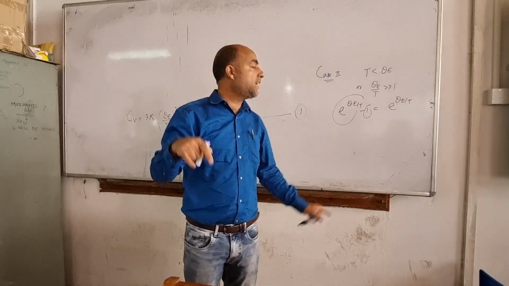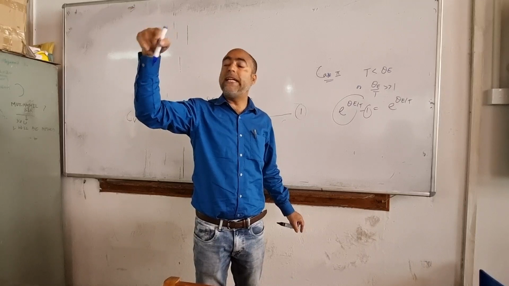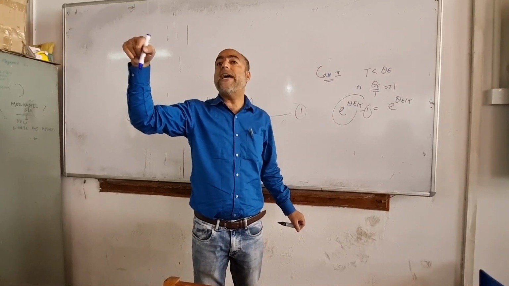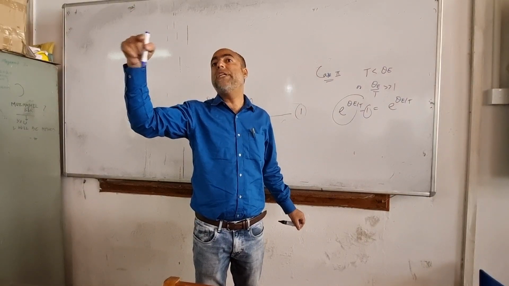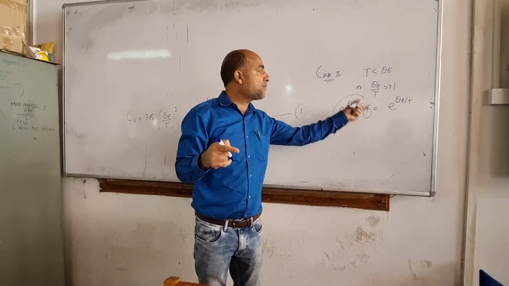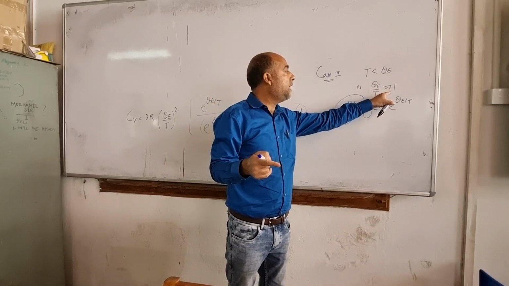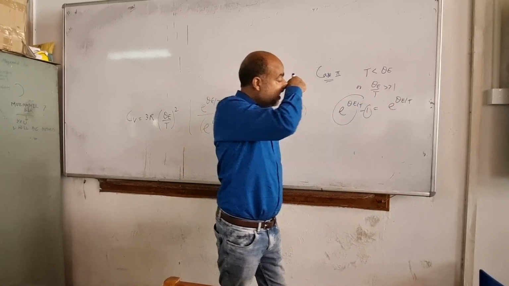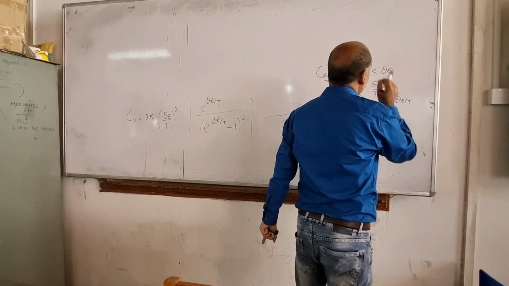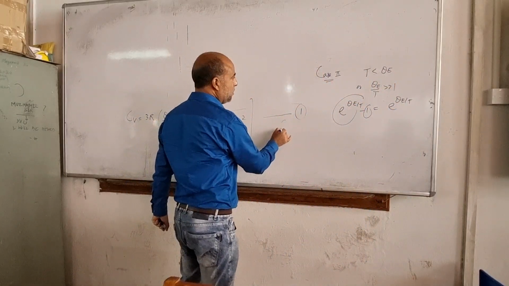In the previous case, theta E by T was very, very less than 1, so we neglected the theta E by T. But here we are neglecting the 1, because the exponential term is very, very large than 1.